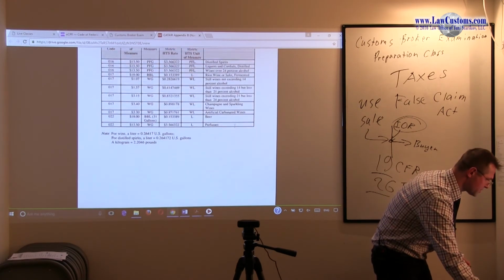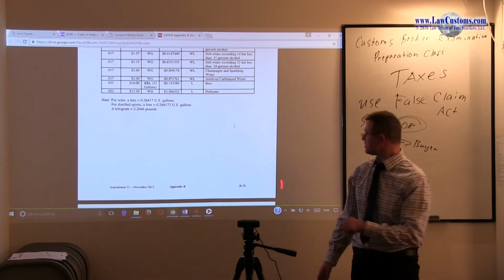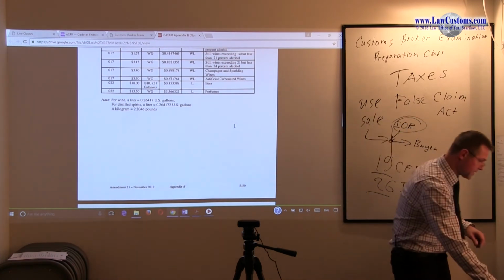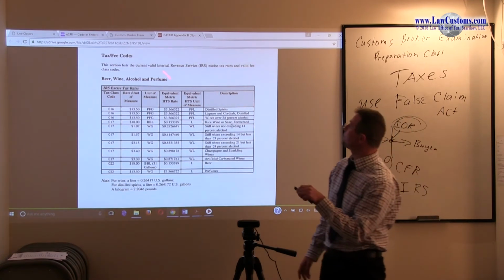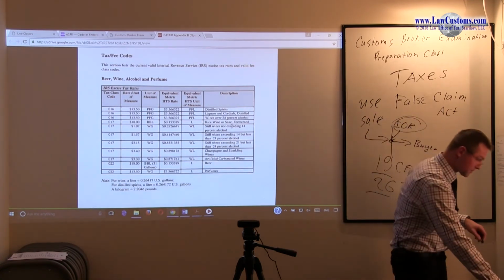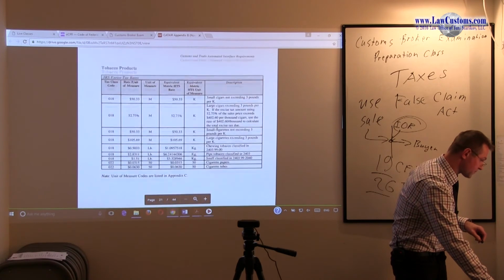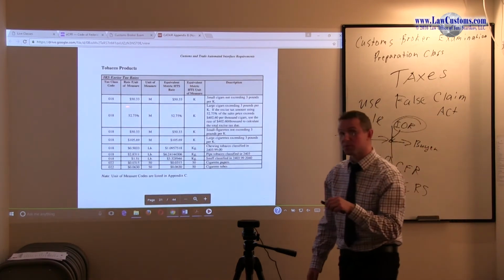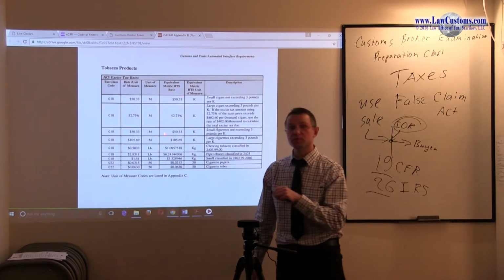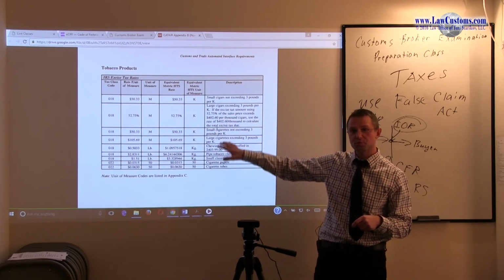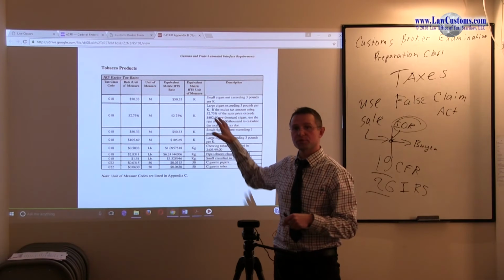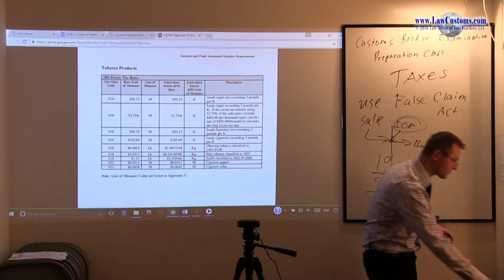So here is page B20, right? It deals with a table for tax fee codes for beer, wine, alcohol, and perfume. And B21 deals with tobacco products. Those tables will enable you to answer questions related to the excise tax, which is applicable upon importation.